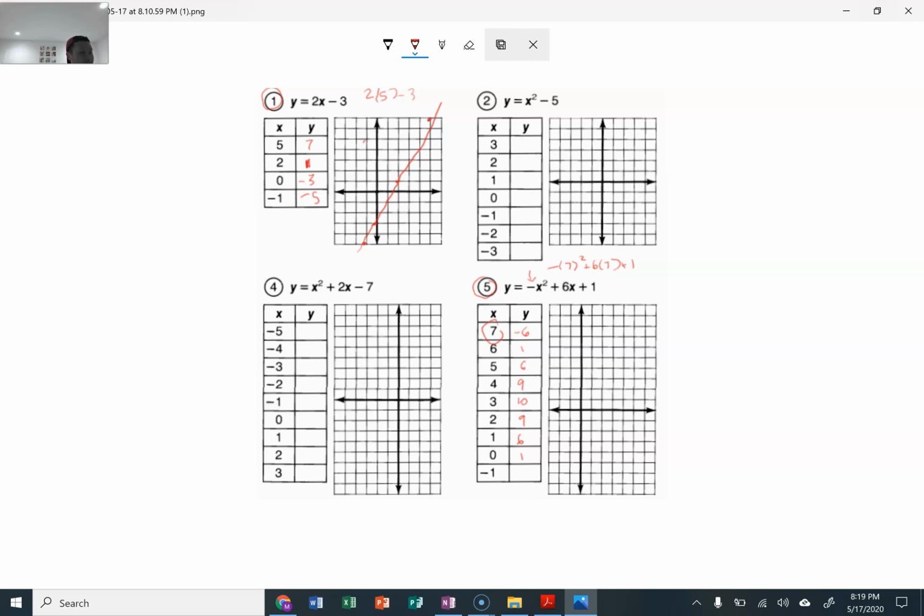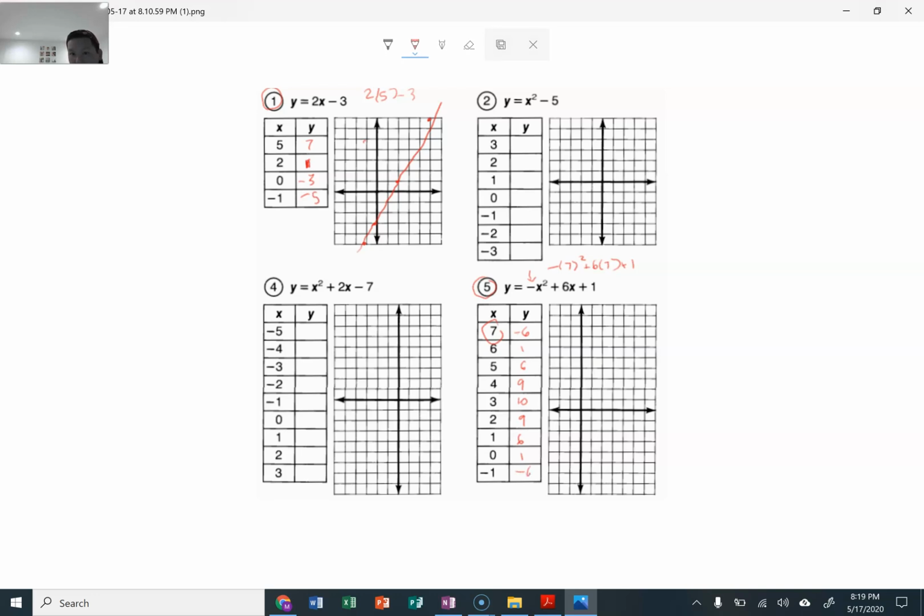Negative parentheses 1 squared, plus 6 times -1, plus 1. The calculator's bugging out, but that's okay. The last number should be -6.